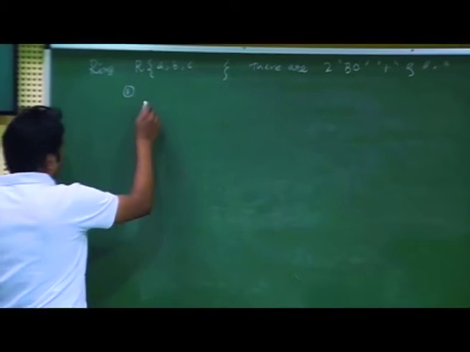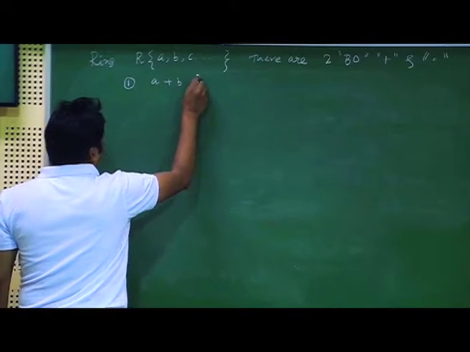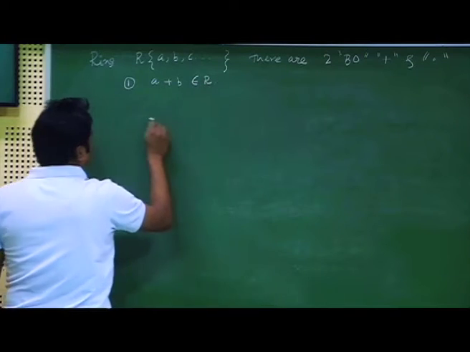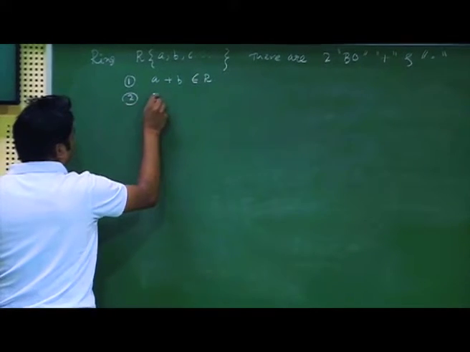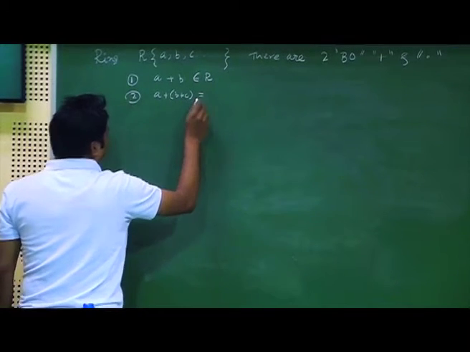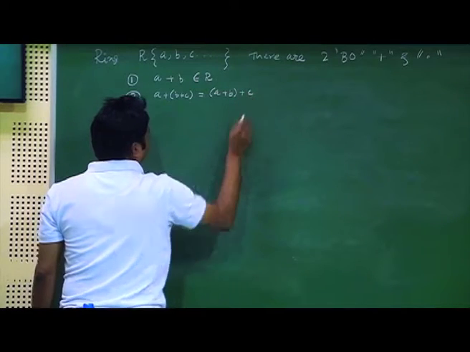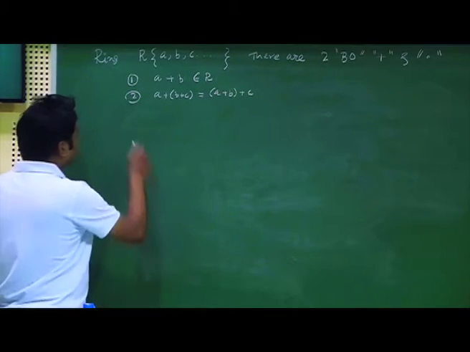So the properties are: one, A plus B belongs to R, standard thing. Two, A plus B plus C is equal to A plus B plus C, associative.